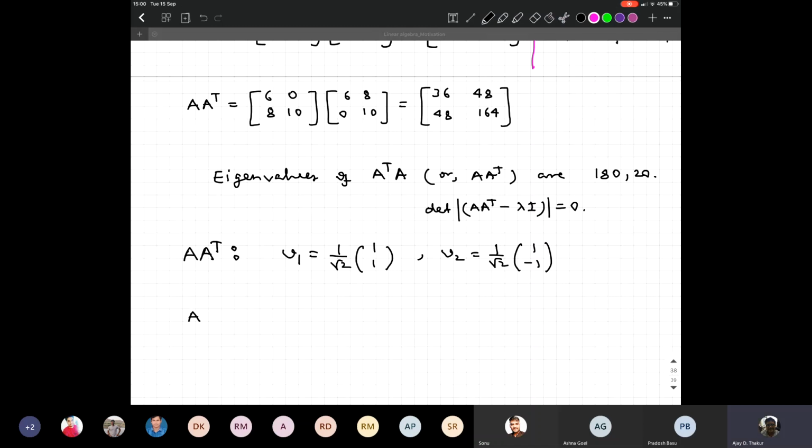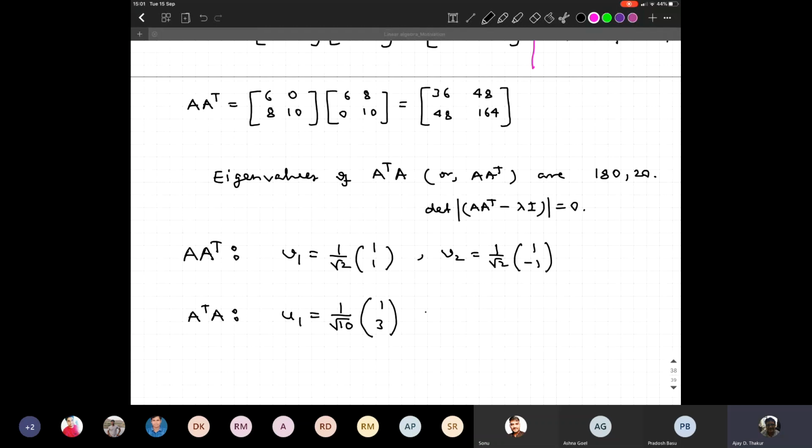And similarly for A transpose A, one can find that U1 is going to be 1 over root 10 (1, 3).